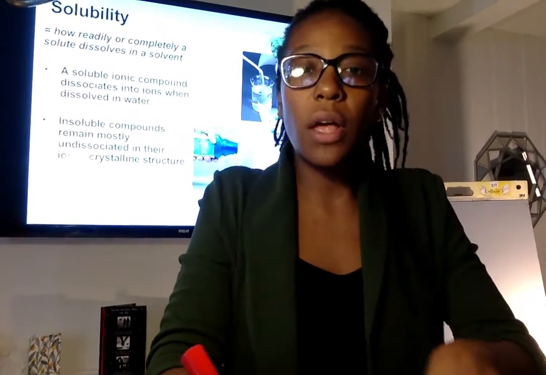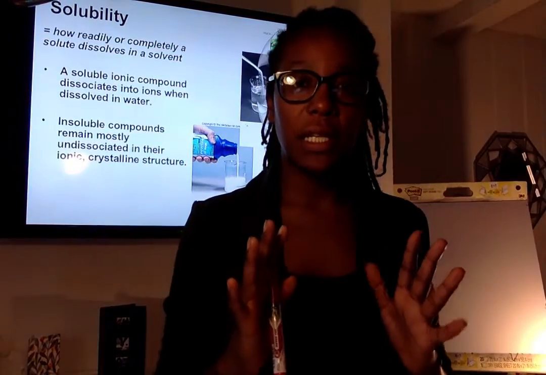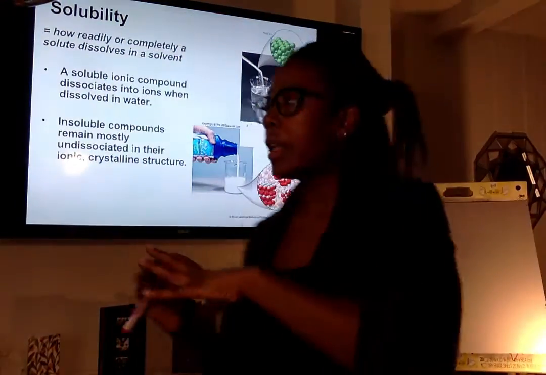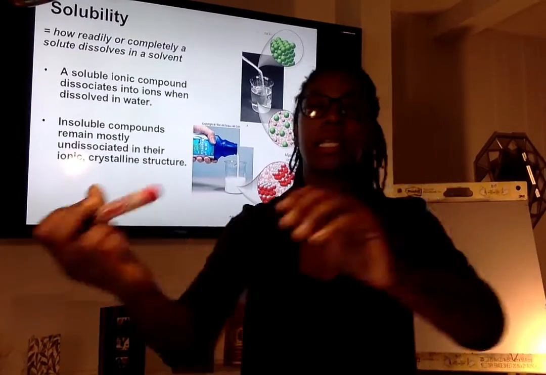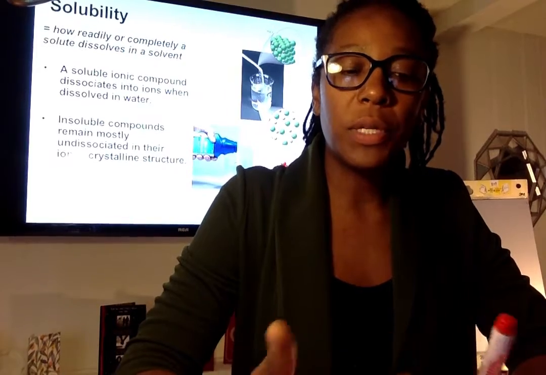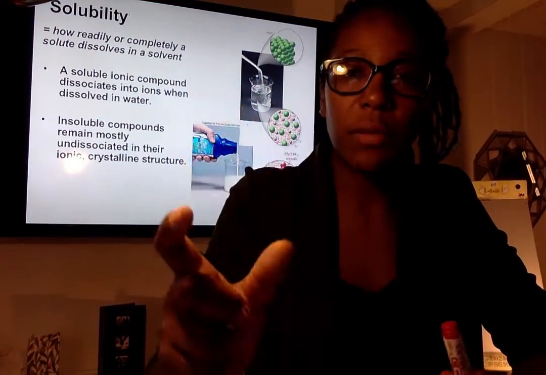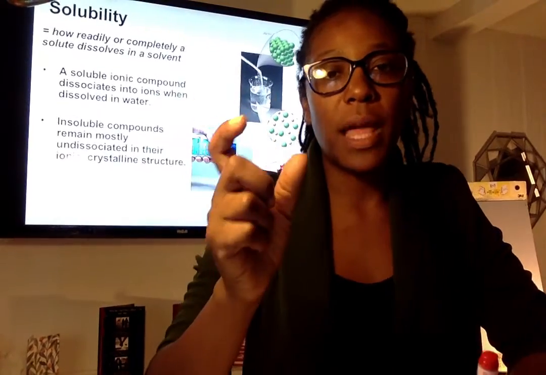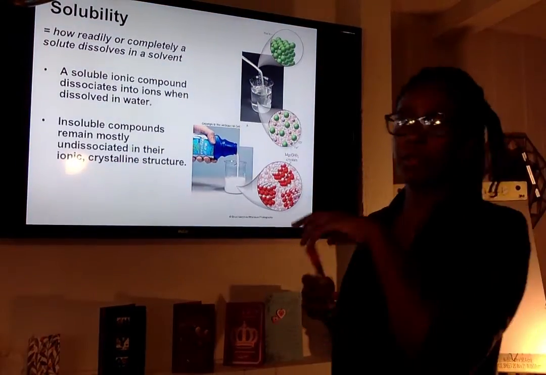If something is soluble, it's able to dissociate completely into its different ions when dissolved in water. So when one of the molecules was solid and the other was aqueous, the one that was aqueous is a soluble mixture because it broke down into individual ions.